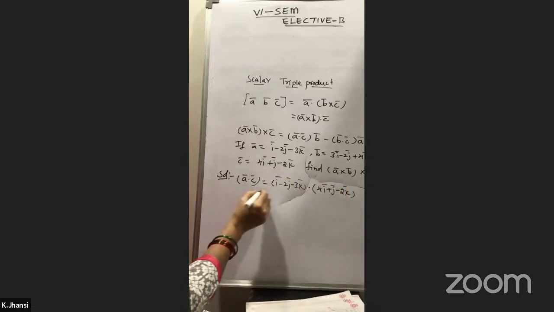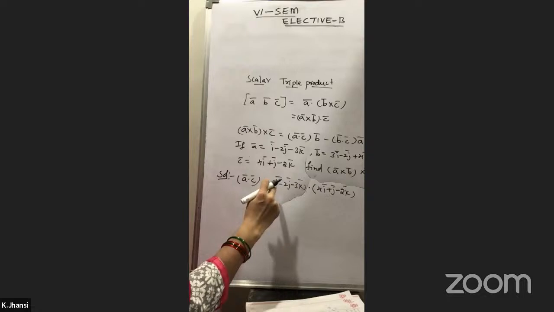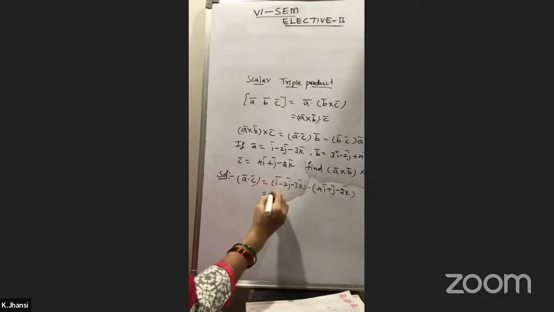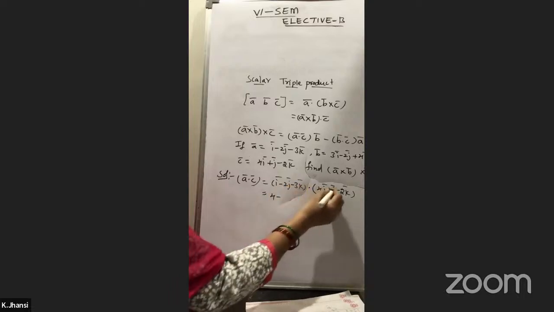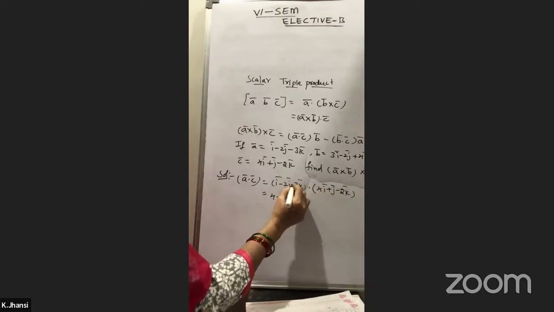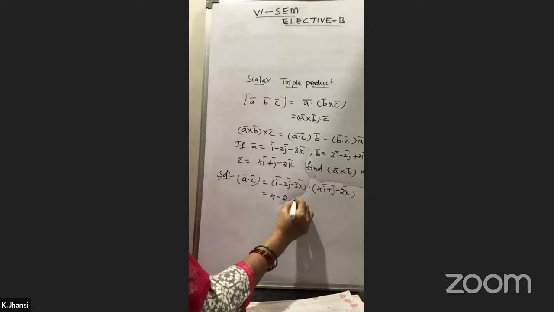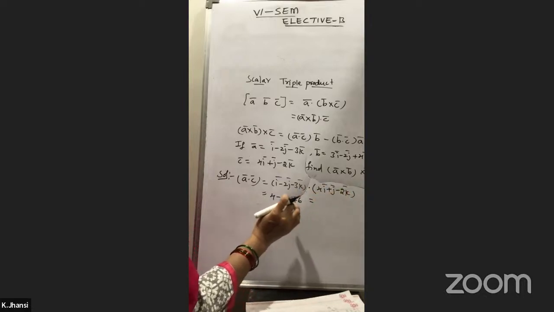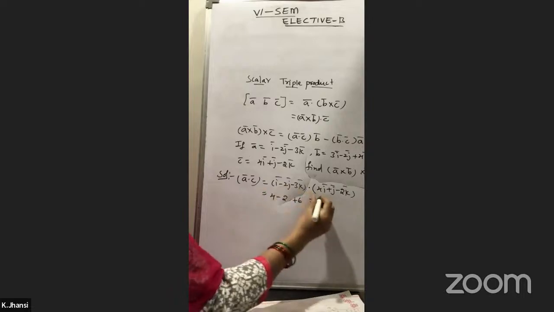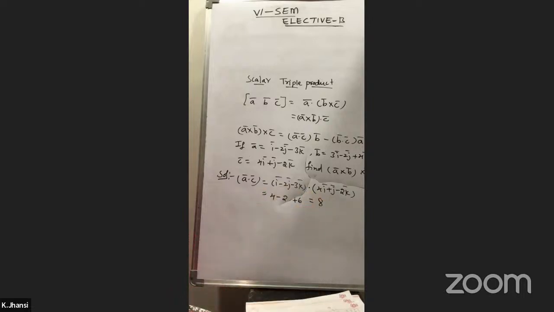So we are doing the dot product. 1 into 4 is 4. Plus into minus is minus, 2 into 1 is 2. Next minus into minus is plus, 3 into 2 is 6. So 6 minus 2 is 4, and 4 plus 4 is 8. So here you are getting it as 8.